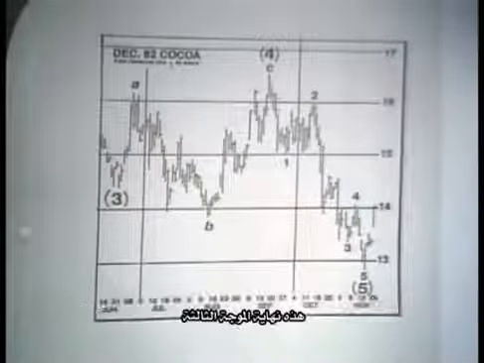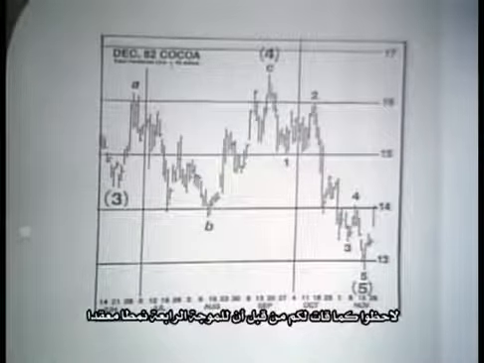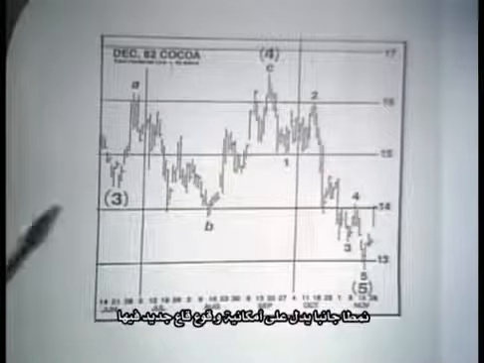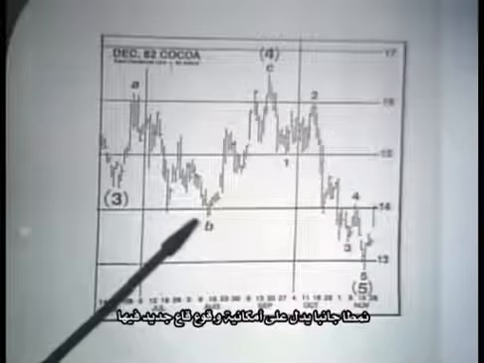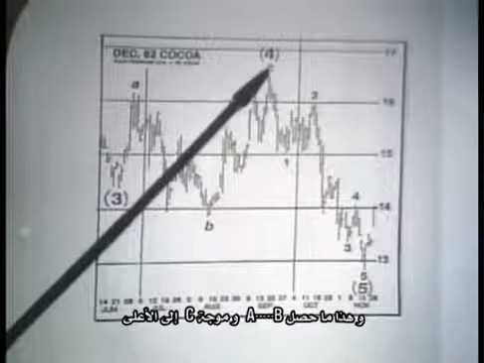This is a blow-up of the last 2 waves in the sequence. On the weekly chart, we're now looking at them on a daily chart. This is the end of the 3rd wave, and notice, as I said before, wave 4 was a complex pattern, a sideways pattern, indicating it would probably have a movement to a new low within it. It did so, A, B, wave C to the upside.